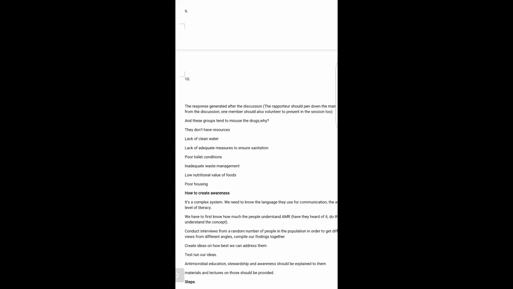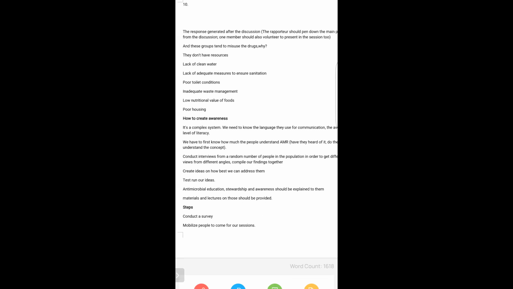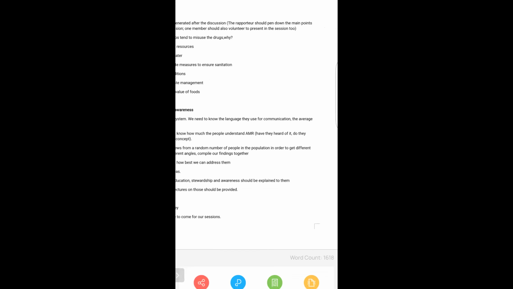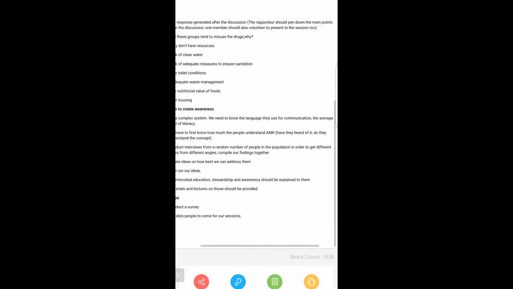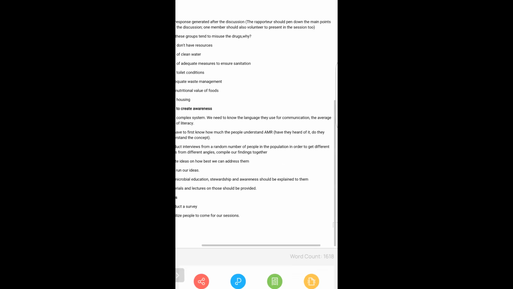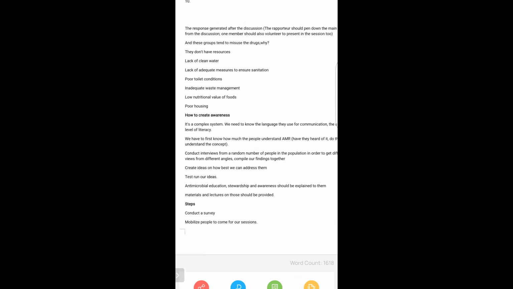And we came to how to create awareness. We agreed that this is a complex system and we need to know the language that people use in the settlement and the average level of literacy. We have to first know how much the people understand antimicrobial resistance. Have they heard of it? Do they understand the concepts? Do they use antibiotics?